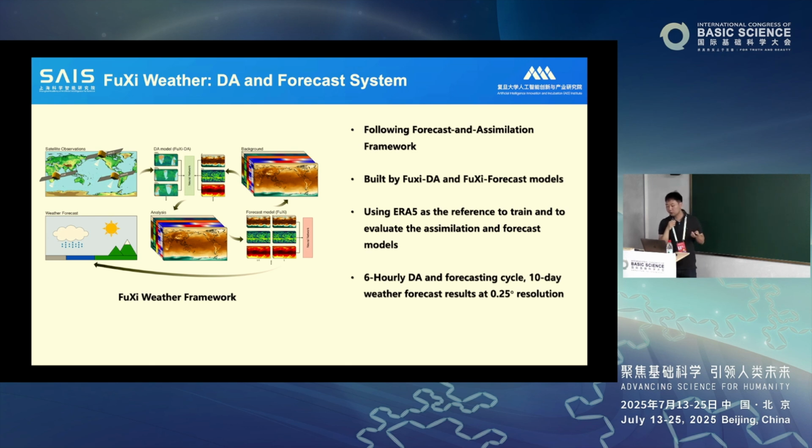The data assimilation model we call FuXi DA, and we use ERA5, the gold standard dataset, to train both the assimilation model and the forecast model. This framework can do the 6-hourly data assimilation and forecasting cycle, and generate 10-day weather forecasts at 0.25 degree resolution.